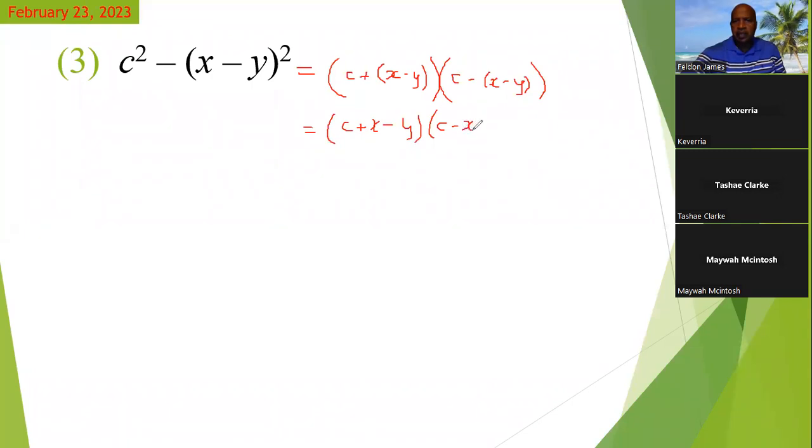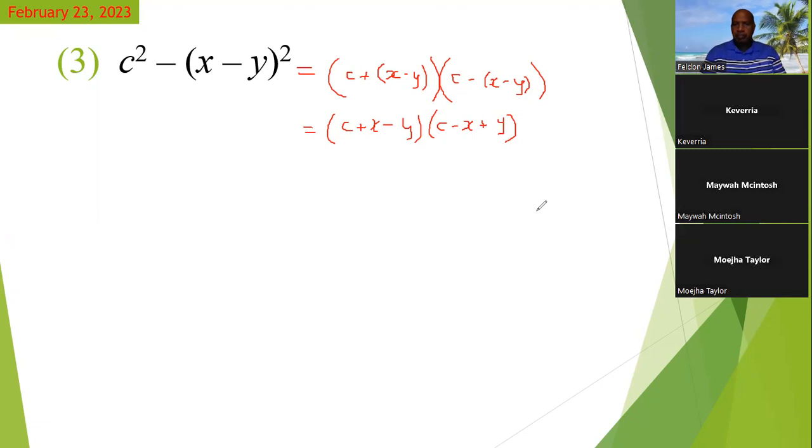All right, so this is where you got tricked. It is not actually c minus x minus y, but rather c minus x plus y. Can you see why? No, sir. Can anybody see why?